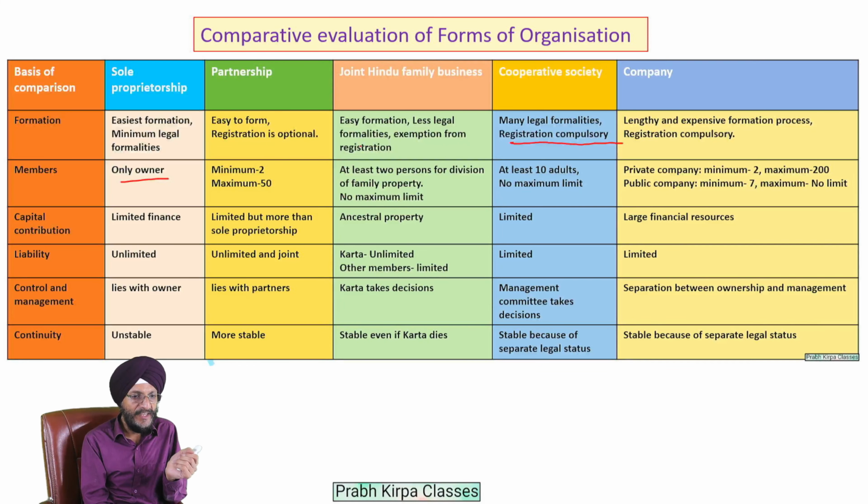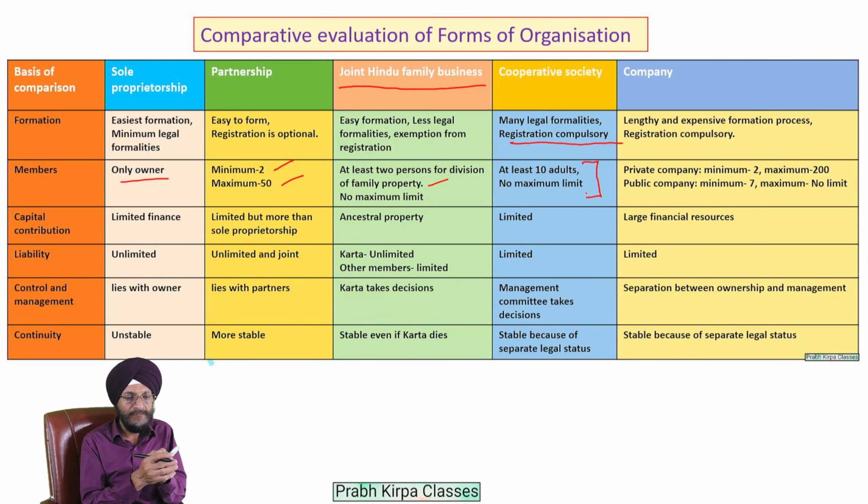The joint Hindu family business is found only in India and at least two persons are required for division of family property. In the case of cooperative society, if we want to set up one, at least 10 adult persons are required. There is no maximum limit on the number of members.